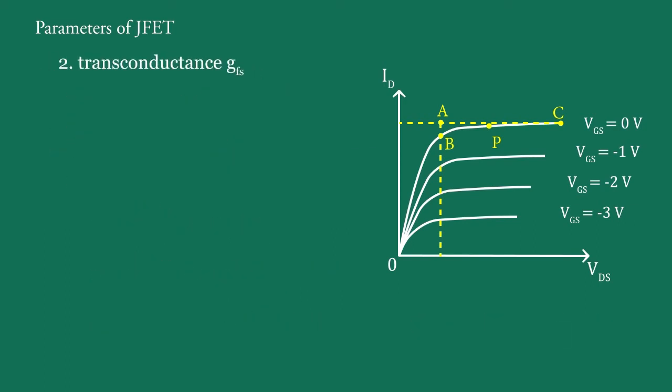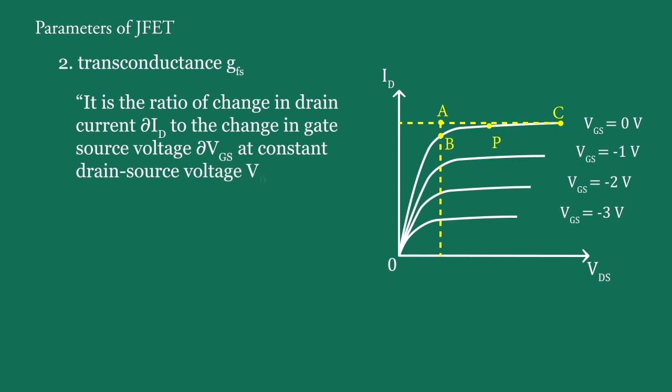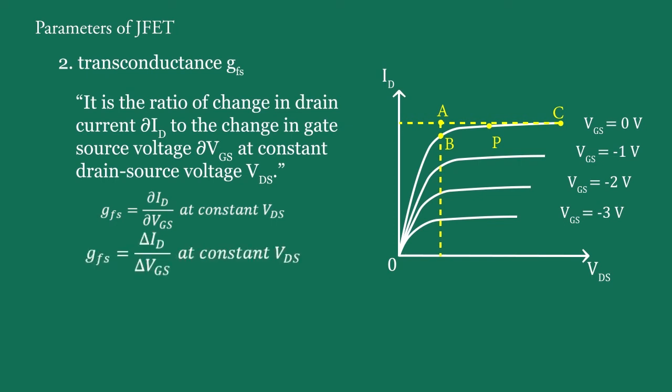Transconductance GFS. It is the ratio of change in drain current del ID to the change in gate source voltage del VGS at constant drain source voltage, that is, GFS equal to del ID upon del VGS at constant VDS, or GFS equal to delta ID upon delta VGS at constant VDS.